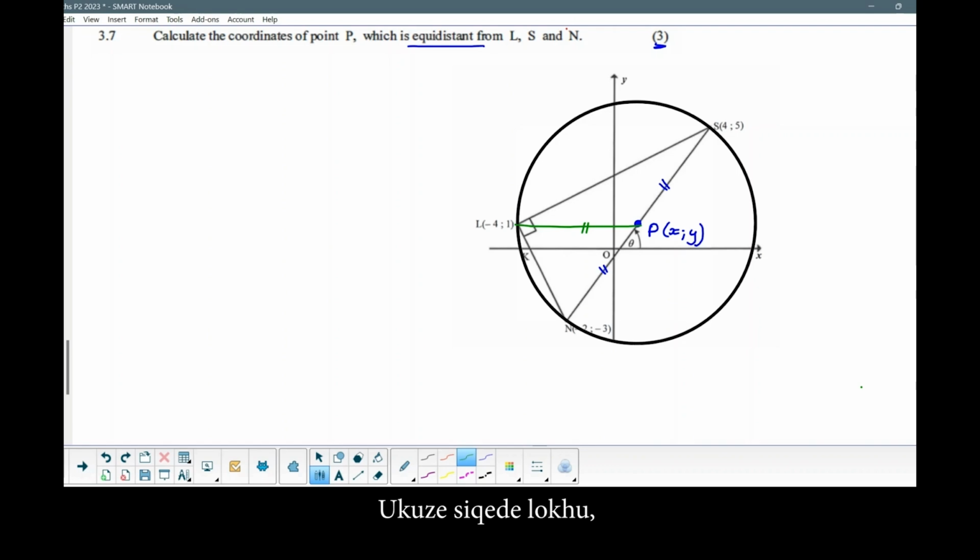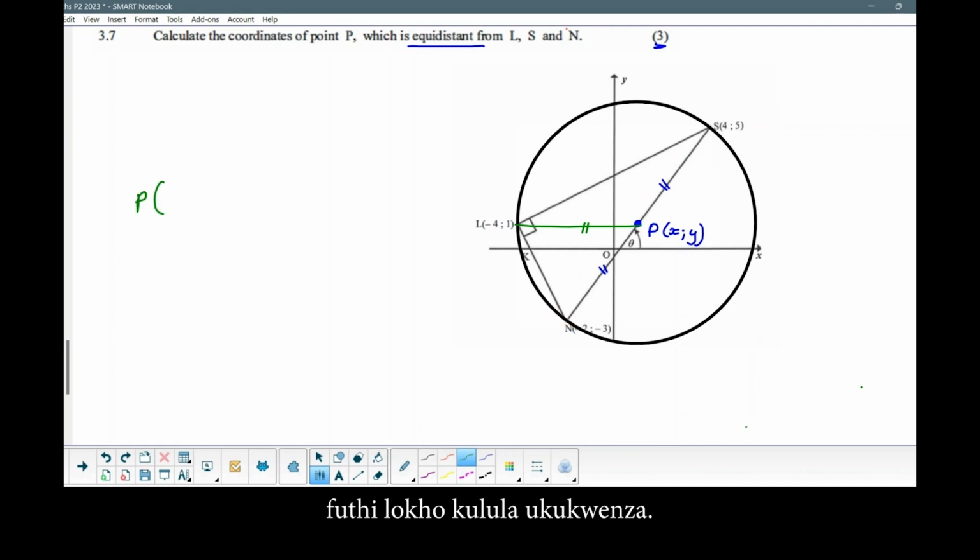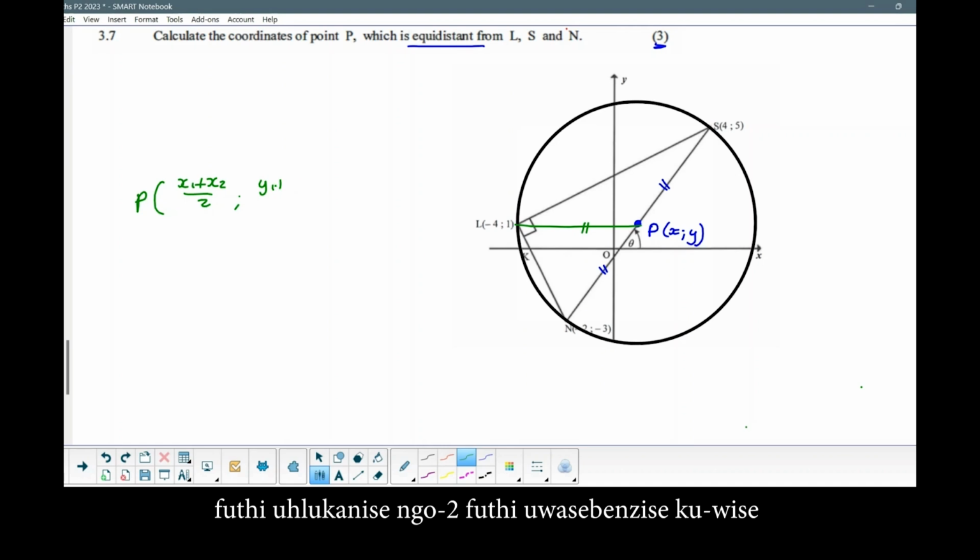So in concluding that, how then will we find point P? Well, if P is the center and subsequently the midpoint of the diameter, then all we have to do is to find the midpoint between S and N. And that's quite simple to do. All you have to do is add the x's and divide by 2, add the y's and divide by 2.